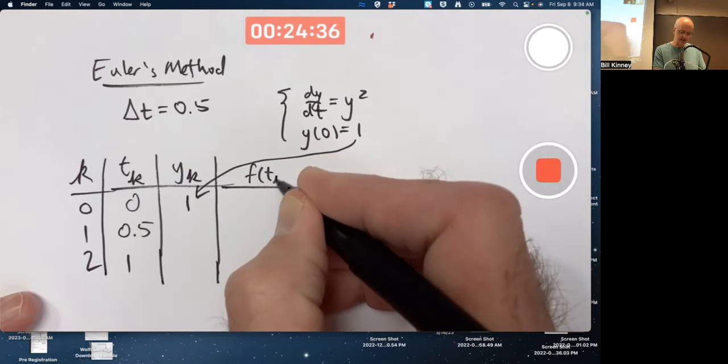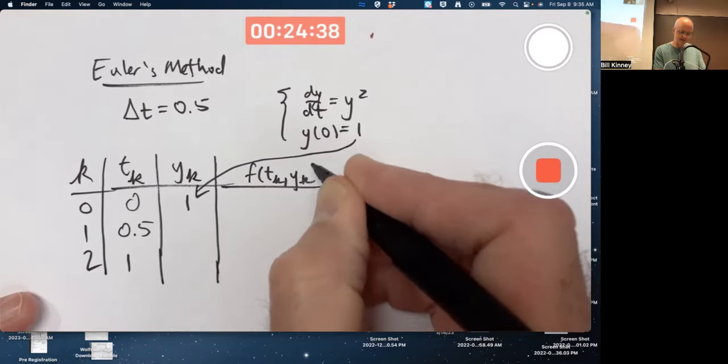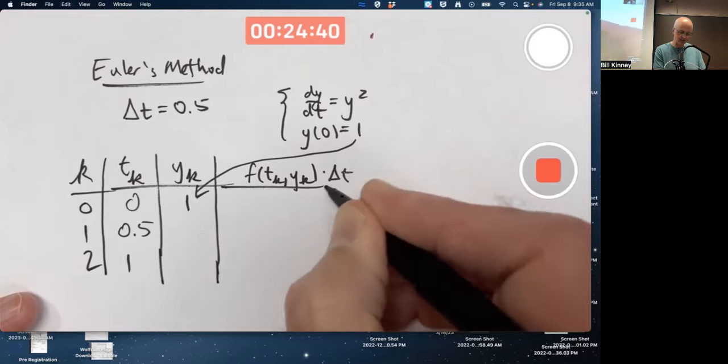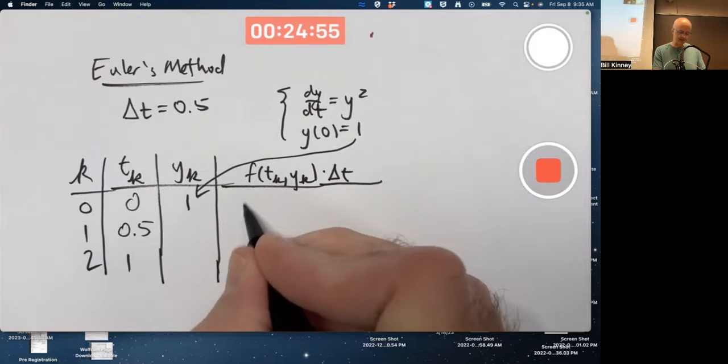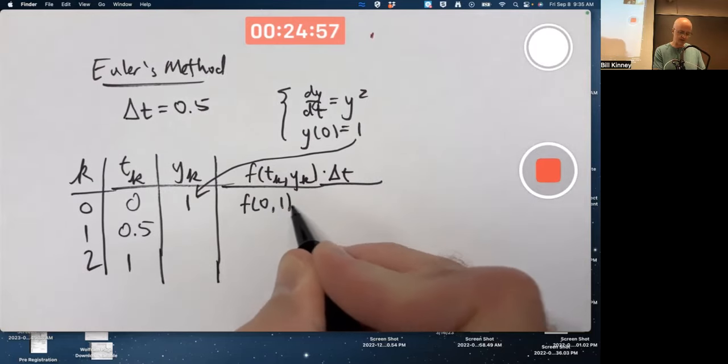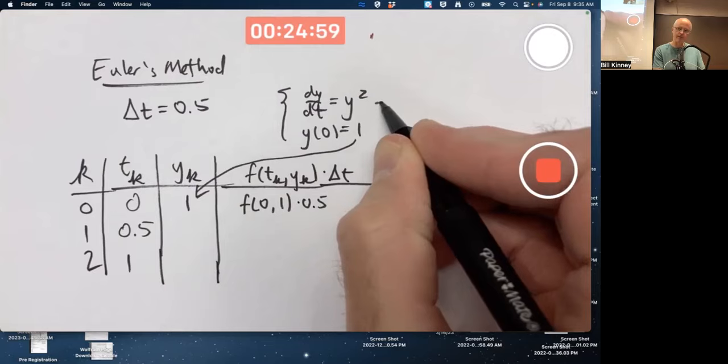Then you do f of t_k comma y_k times delta t. That's the key step of Euler's method, to compute that. Where does that come from? I talk about it in the lectures. Without going into detail, I'll just say it's related to the slope field and slopes in the slope field. So this is f of 0, 1 times 0.5.